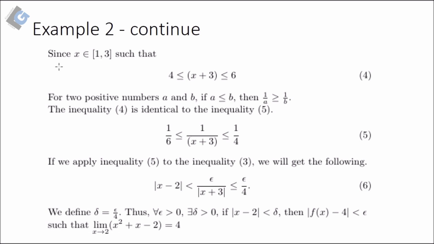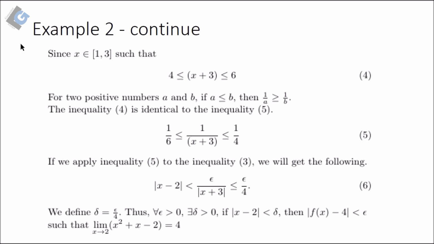inequality 5 to inequality 3, we will get the following, which means that the absolute value of x minus 2 is less than epsilon divided by the absolute value of x plus 3, and less than or equal to epsilon divided by 4.